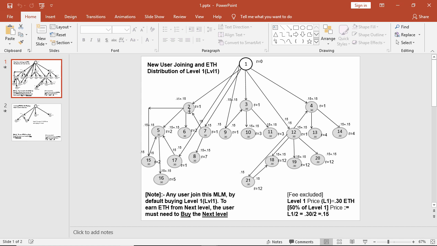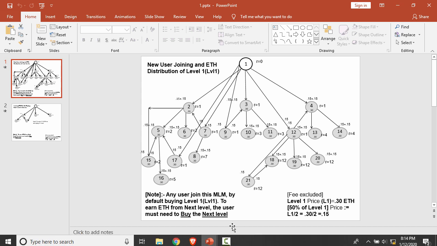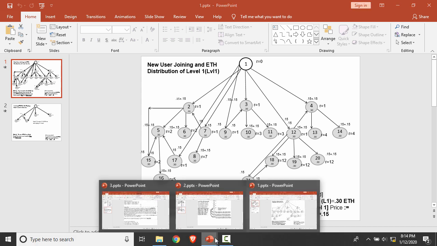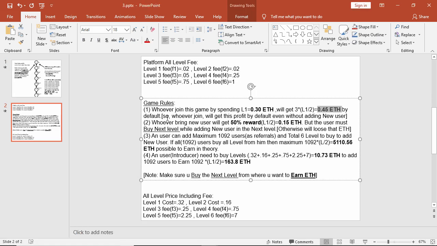After spending 0.30 Ethereum, he will get 0.15 plus 0.15 plus 0.15, 0.45 Ethereum back. So it's profit. This is how you can convince new users to join this game. Whoever joins will get this profit by default.